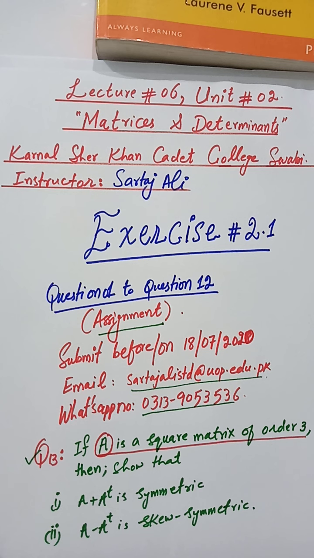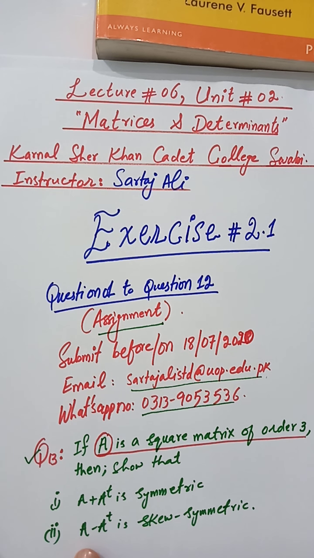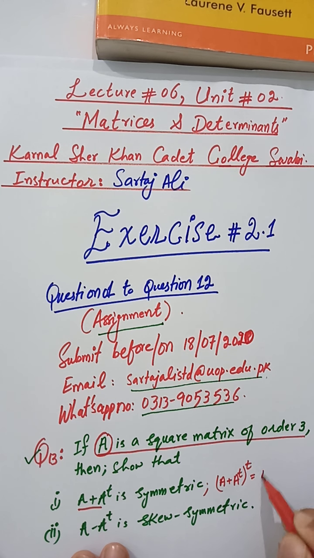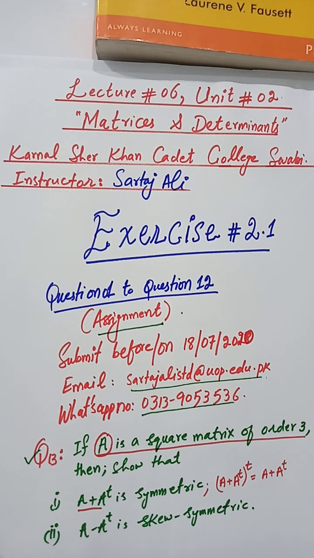So we will consider a general matrix of order 3, and we will show that A plus A transpose is symmetric, and in part 2 we will show that A minus A transpose is skew symmetric. For A plus A transpose to be symmetric, we need to show that A plus A transpose whole transpose is equal to A plus A transpose, because you people know that a matrix is said to be symmetric if its transpose is equal to that matrix.